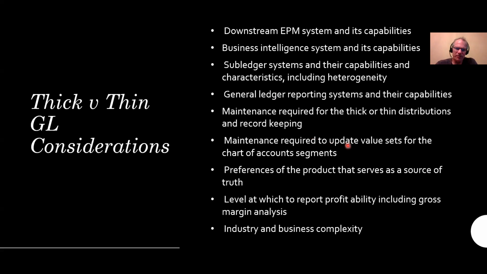There's maintenance required to update value sets for the chart of account segments. It's another thing you want to consider. Preferences of the product that serves as a source of the truth. Of course, the level at which to report profitability, including gross margin analysis, and the industry and business complexity.